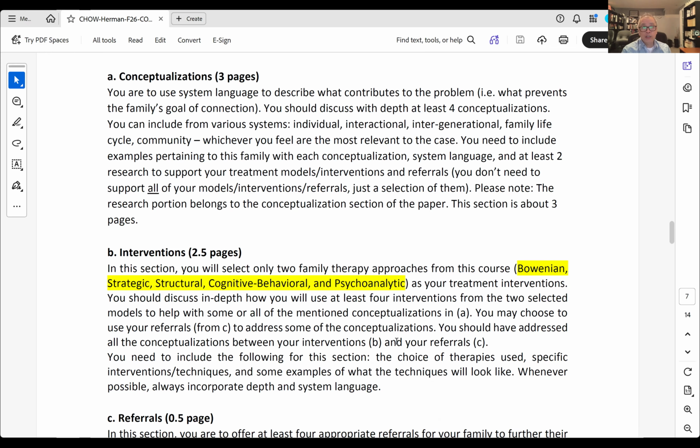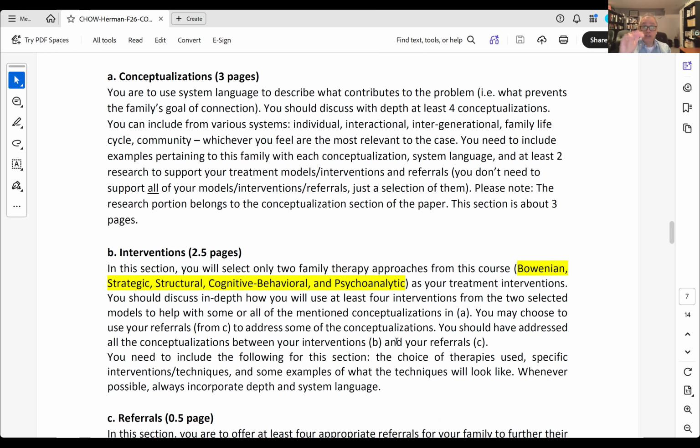Okay. You should discuss in depth how you would use at least four interventions from the two selected models that help with what's connected to the above problems. The four conceptualizations that you talked about in part A, your interventions and your referrals should actually address all four of those issues.